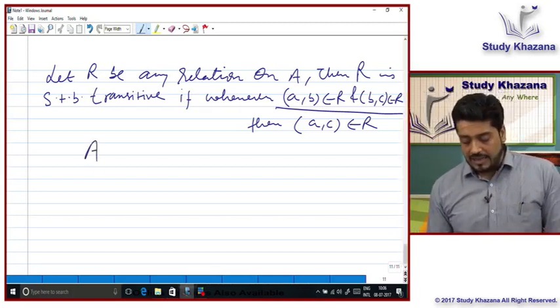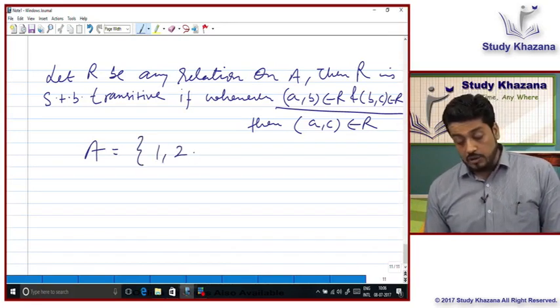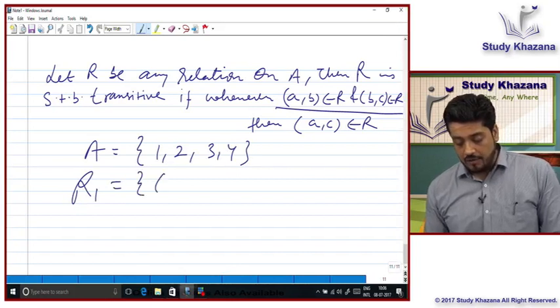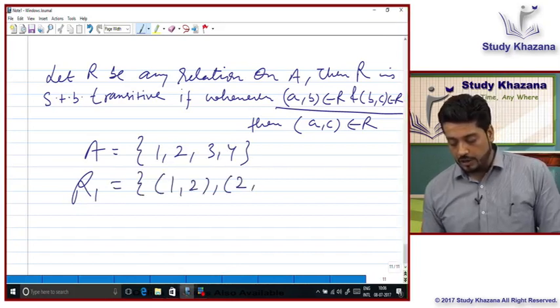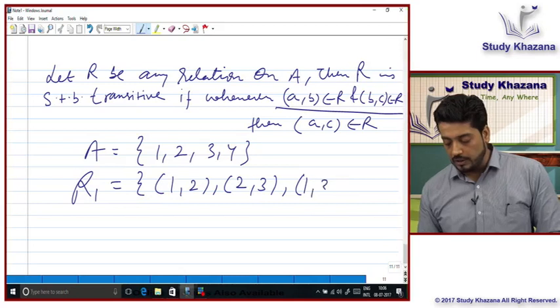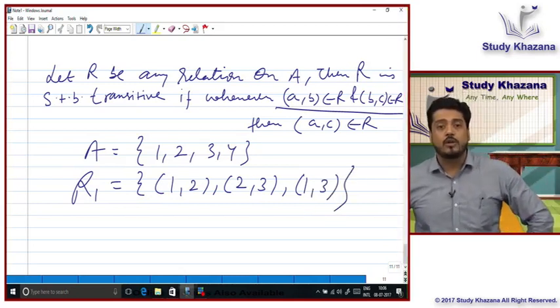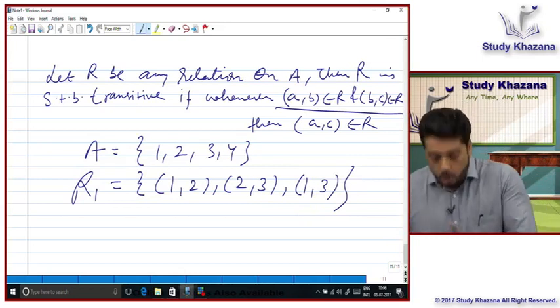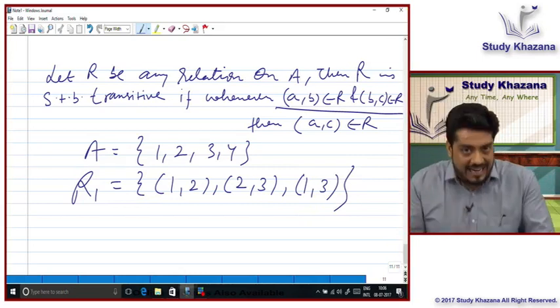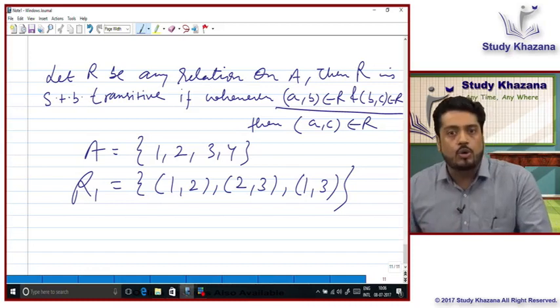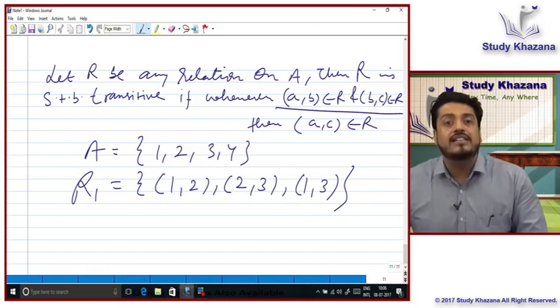Now again, let us take A to be the set {1, 2, 3, 4}. And let me define a relation R1 as (1,2), (2,3), (1,3). What I am observing in this particular relation: 1 related to 2, 2 related to 3. If I take A equal to 1, B equal to 2, C equal to 3, then this hypothesis is generated.